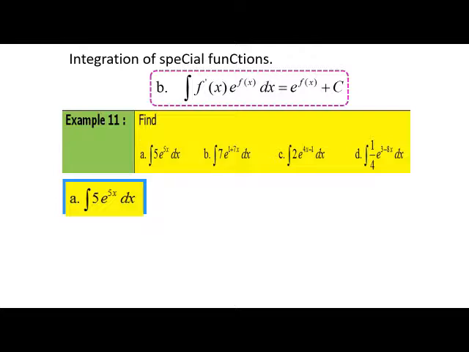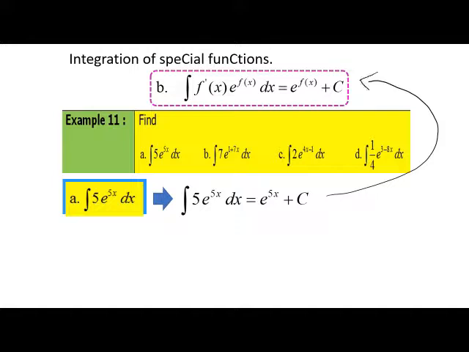Okay, for part A here, when you integrate 5 e to the power 5x dx, you have 5 e to the power 5x dx is equal to e to the power 5x plus c, where when we are trying to compare or refer to this rule, we notice that our f x here is 5x, right?